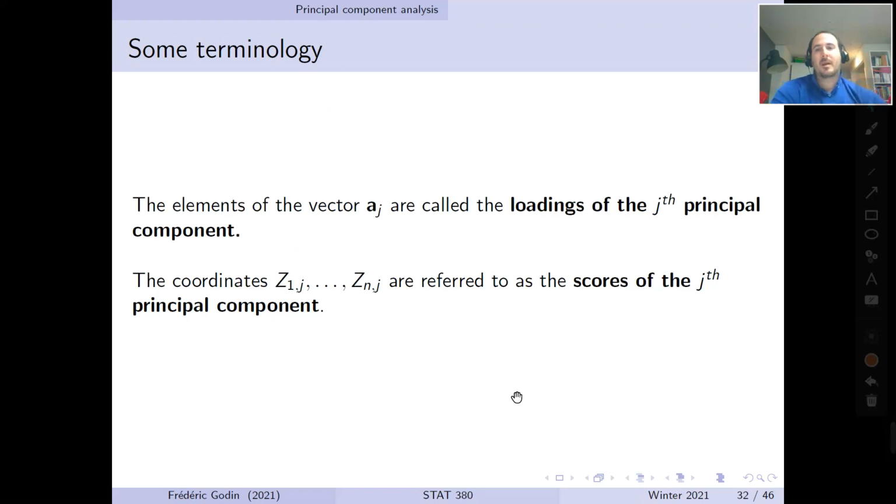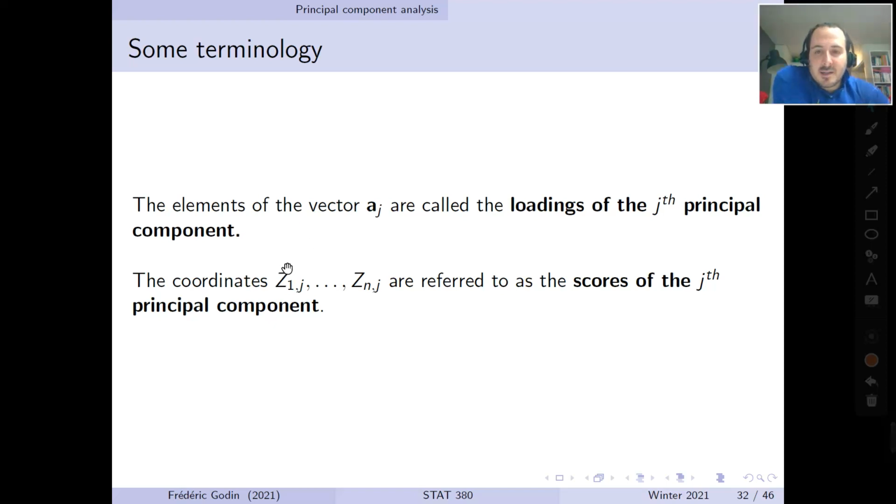Okay, so a bit of terminology before we continue. Each eigenvector here is referred to as a loading vector. So aj here is defined in principal component analysis terminology as the loading vector of the jth principal component. Each of these vectors, which are assumed to be deterministic, are loading vectors.